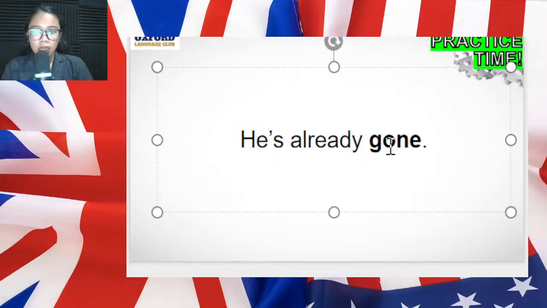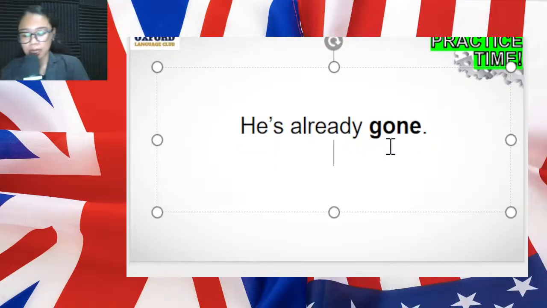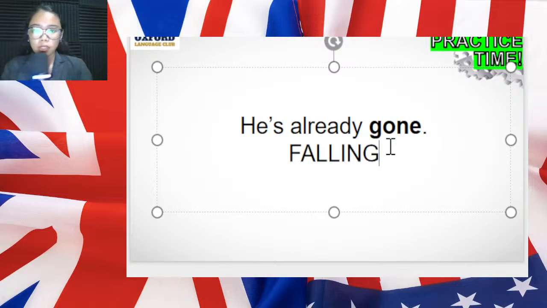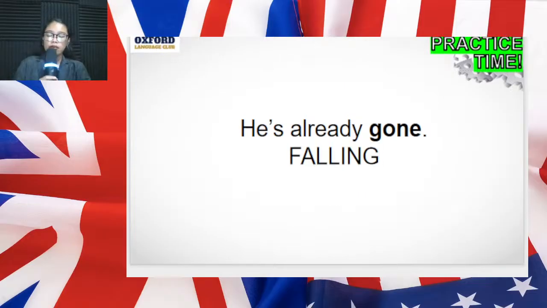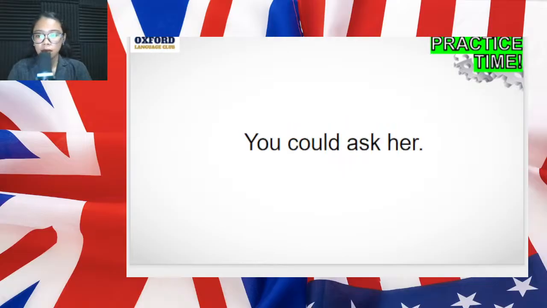It's just a simple statement, so there's no need for raising your tone on the highlighted word, the last word in the sentence. So that is falling intonation. All right? Great. Let's move on to the next sentence.